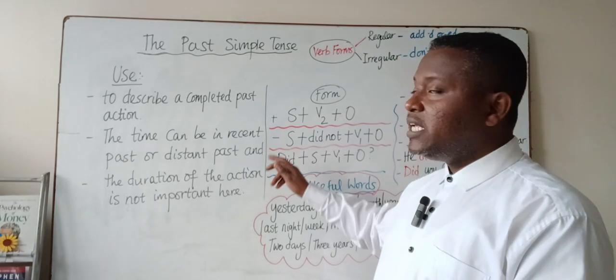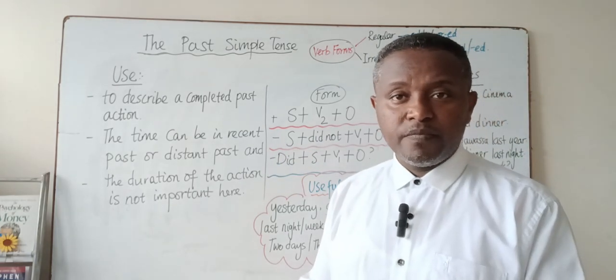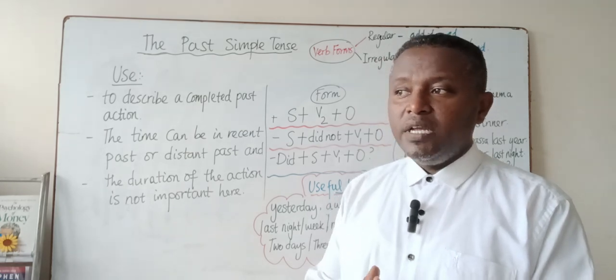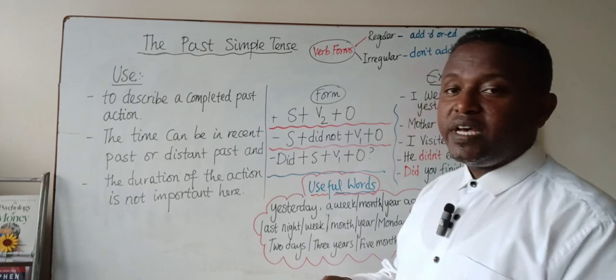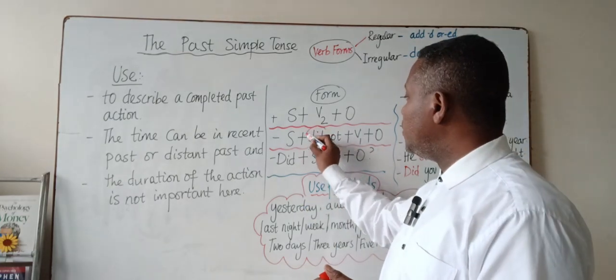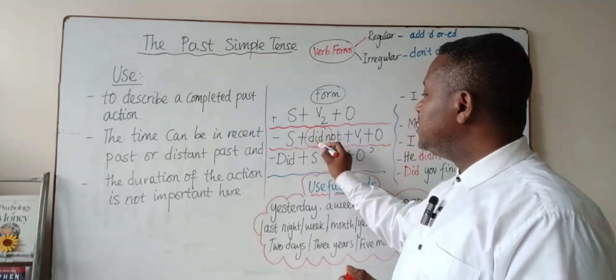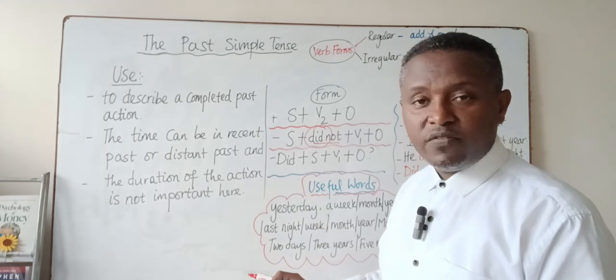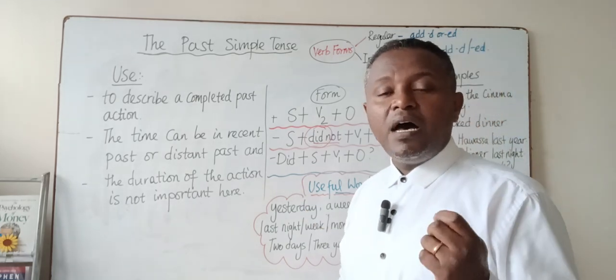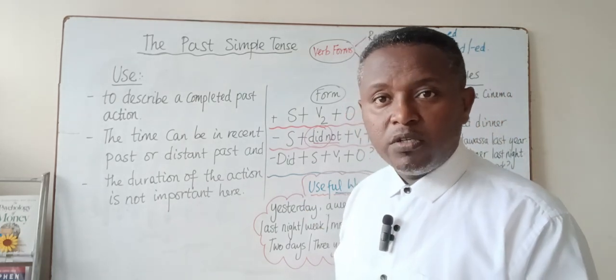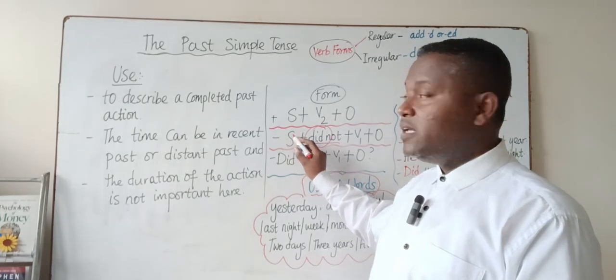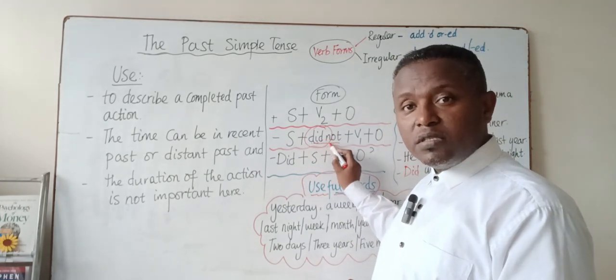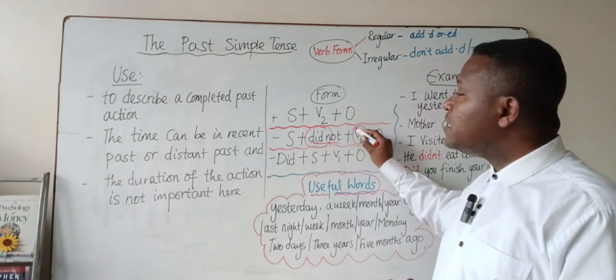How about the negative past simple structure? In the case of negative structures, we use our helping verb did to carry the negative. If I say I went to school, to make it negative, I make it I did not plus verb 1.